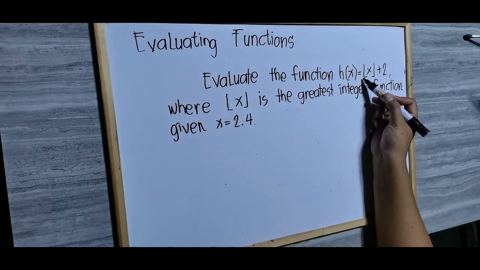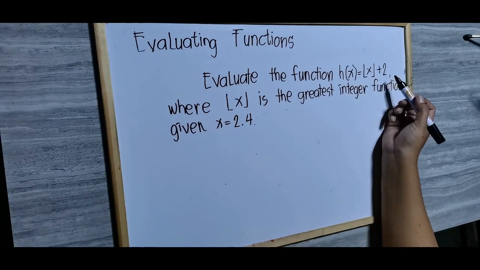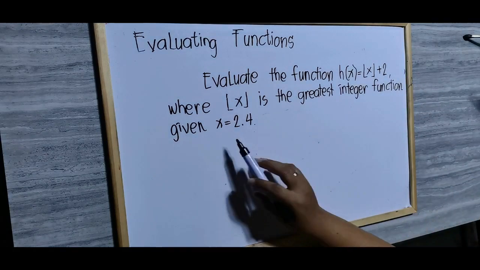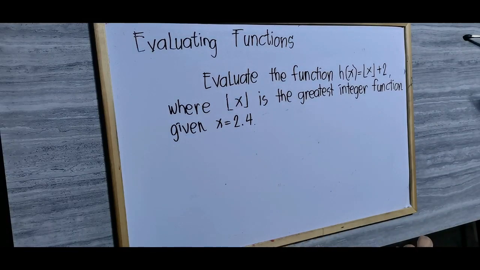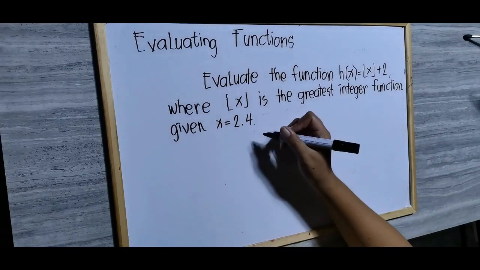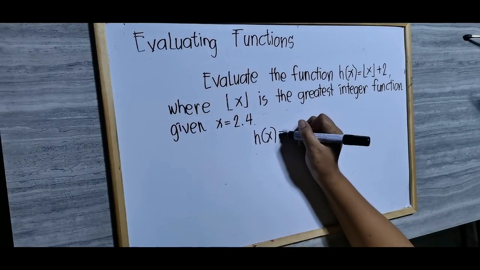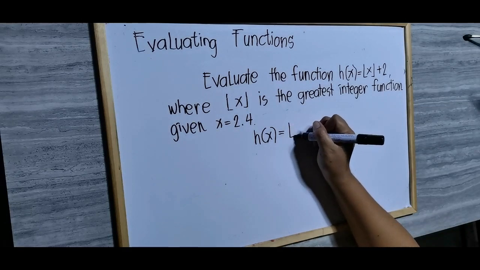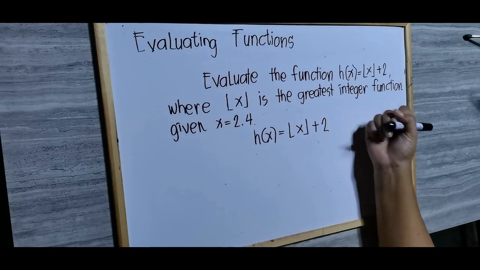After a recall about the greatest integer function, let us evaluate this function. h of x is equal to the greatest integer function at x plus 2. Given x is 2.4. So again, the first step is to rewrite the given function. We have h of x is equal to the greatest integer function at x plus 2.